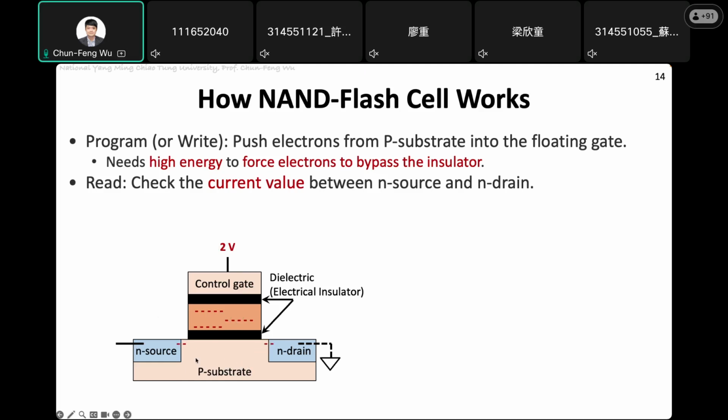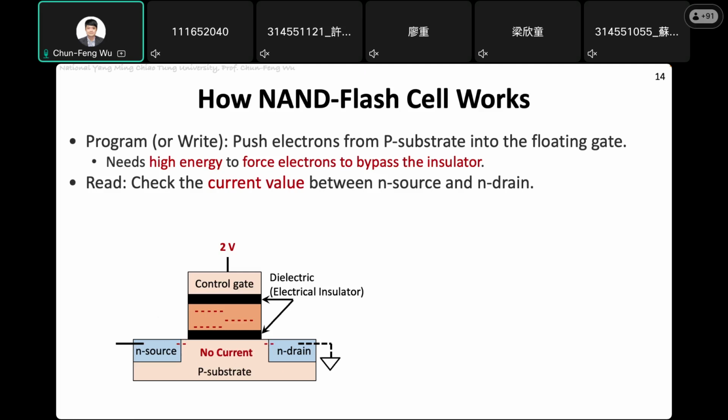In this case, these few electrons will be captured by the N source and N drain. Because we only get very few delocalized electrons, they cannot generate a current, because when we say a current, it is moving electrons, right? If we are going to get a current, it means we need a good amount of electrons that can move.